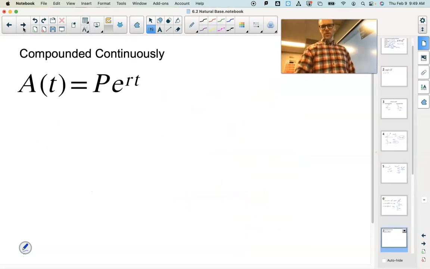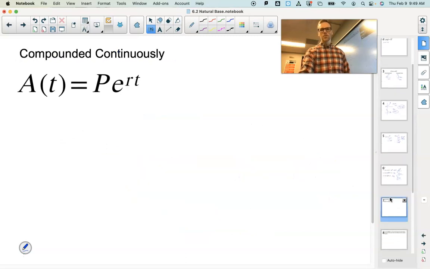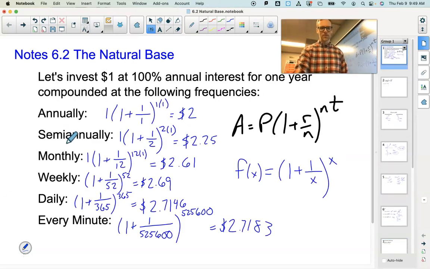So compound interest is really what started this conversation, right? Back here, remember this formula? We have a situation here where we are compounding our interest continuously. Remember how we were going faster and faster, monthly, weekly, daily, every minute.